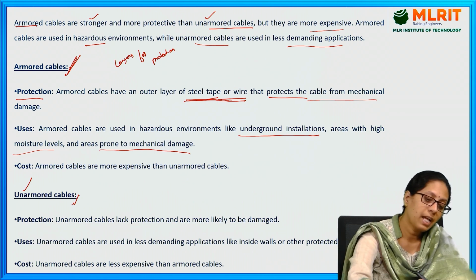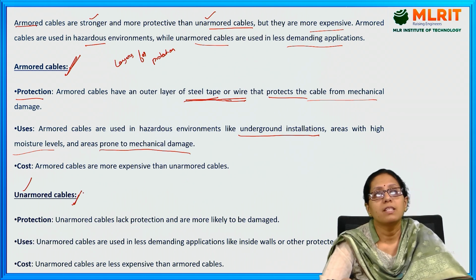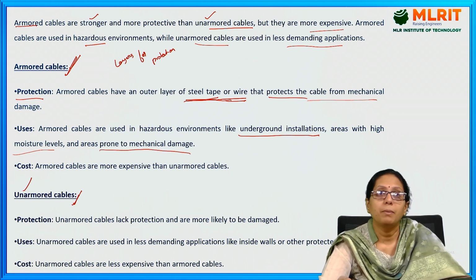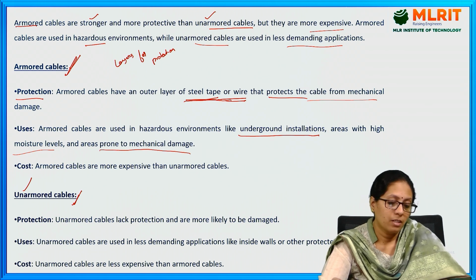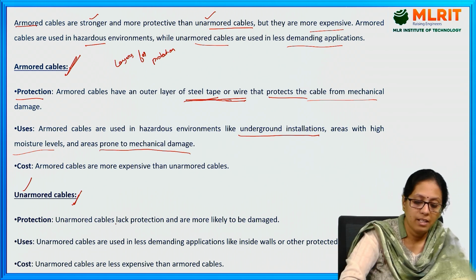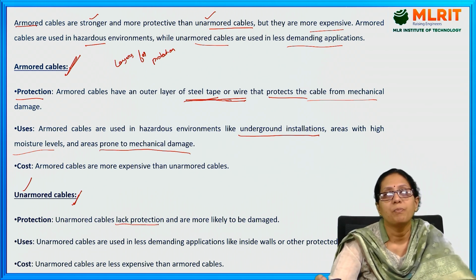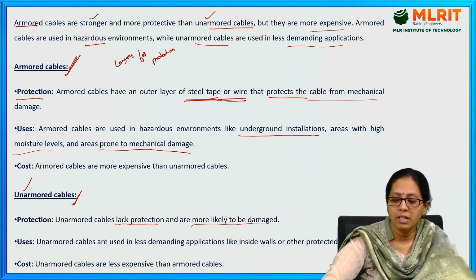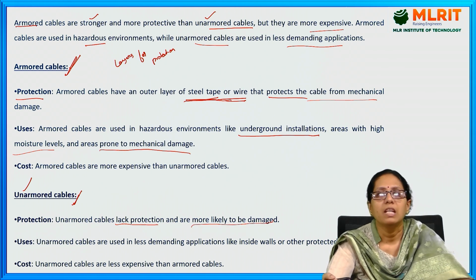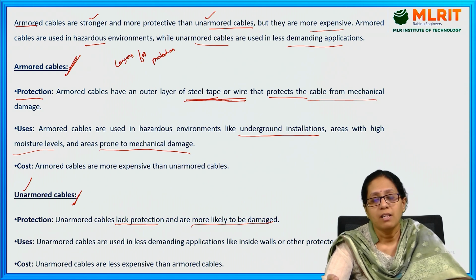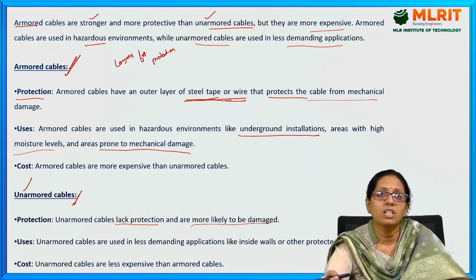The second category, that is unarmored cables, lack protection and are more likely to be damaged. They can be easily damaged, that is mechanical damage may occur, and they are mostly used in less damaging applications like inside the walls.